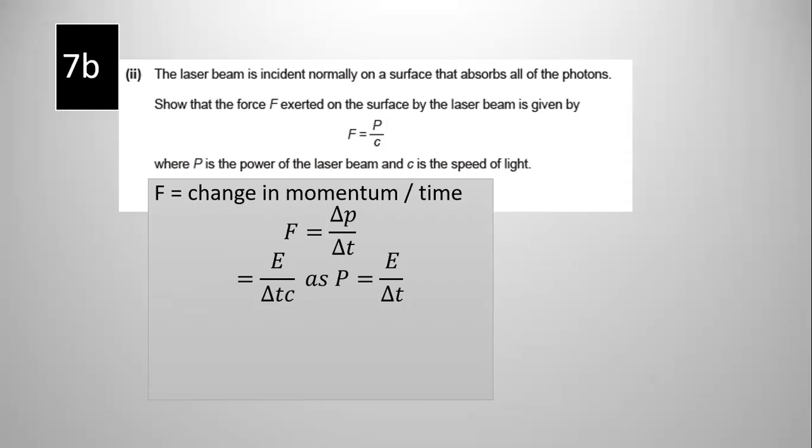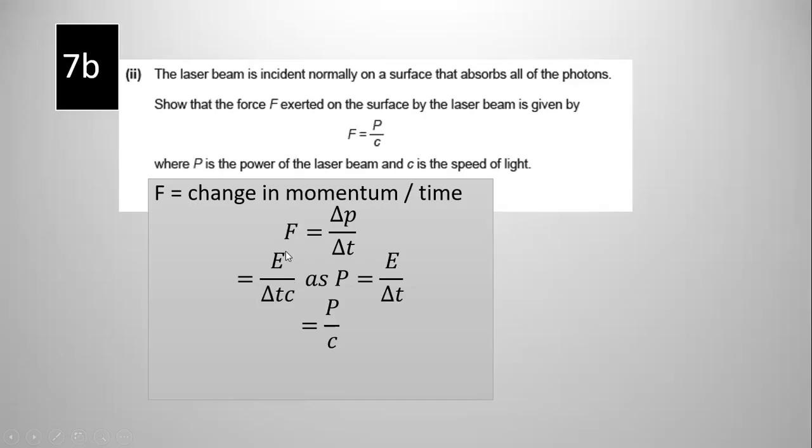So our change in momentum, power P is E over delta T. And then place inside there, your momentum. Right?